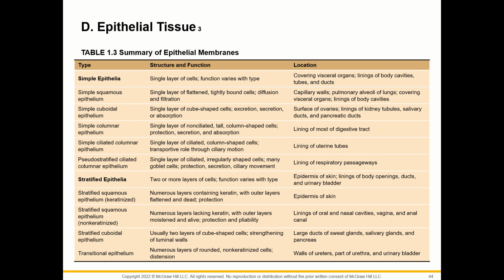Then you have the stratified epithelia, with two or more layers, and the topmost layers are the ones that give the tissue its shape name, like stratified squamous epithelium. You've got keratinized and non-keratinized versions based on where they're found in the body. You have stratified cuboidal epithelium and then transitional epithelium. So refer to that table when looking at the structure, function, and location of these tissues.